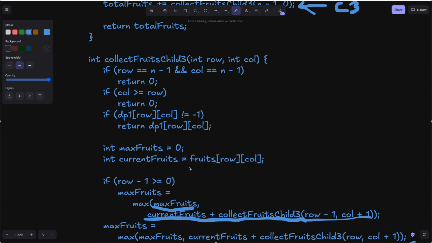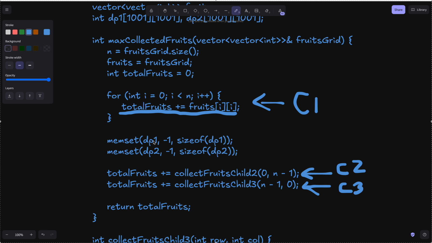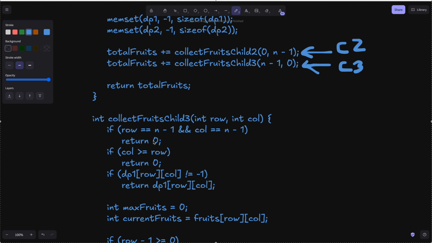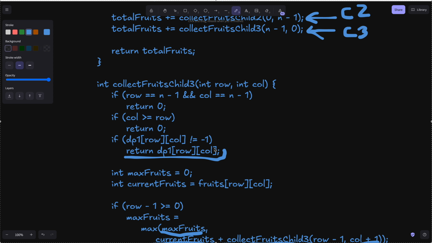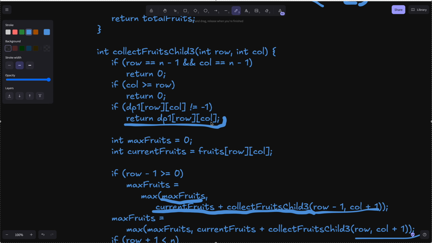Now here, as you see, we are storing it in a dynamic array. That is done so that if a value is already present there, we can extract that value and we do not need a recalculation. So suppose we go to the same row and column again, then we do not need to calculate the whole value again, we will just return the one which was stored in the array.